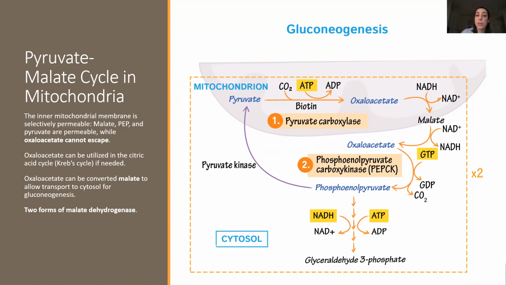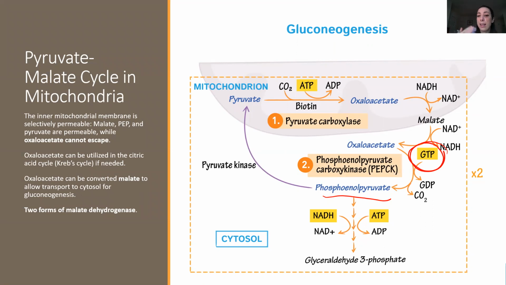So pyruvate, even though it can go in and out, needs to first be transformed into oxaloacetate to start our gluconeogenesis, which cannot escape the mitochondria. So we have an issue here. Our oxaloacetate eventually has to come out into the cytosol to continue the gluconeogenesis, right? To continue step 2 using our GTP and making PEP, phosphoenolpyruvate.